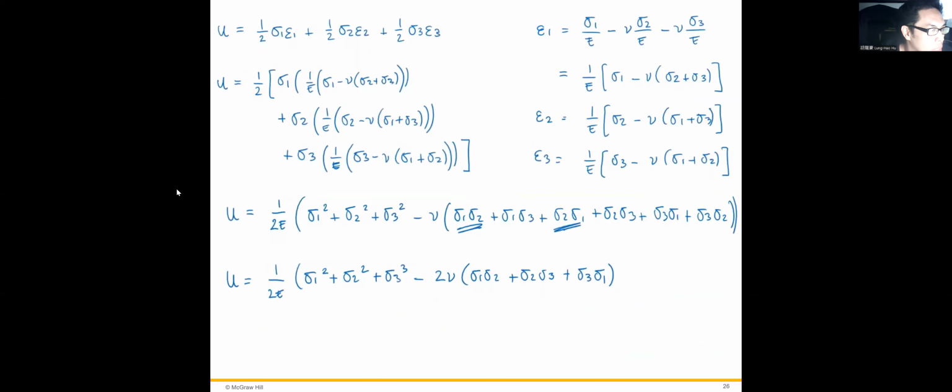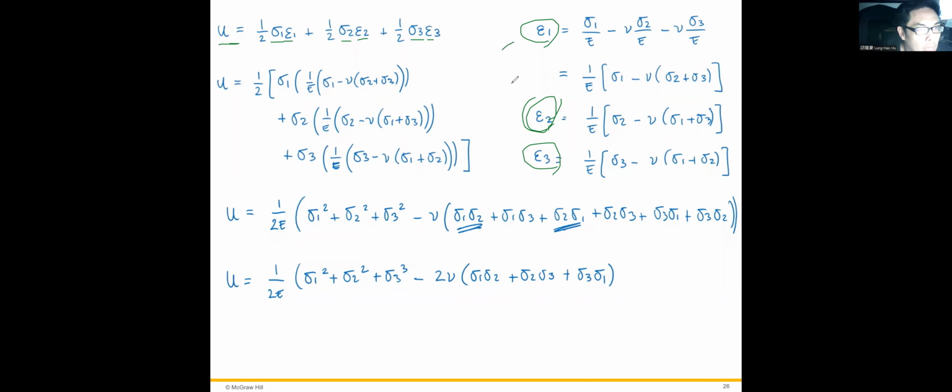So let's look at this strain energy per unit volume. We have the principal stresses corresponding to the strain. As I mentioned, if this material is homogeneous and isotropic, we can define the strain as a function of the material properties, Young's modulus and Poisson's ratio, and the principal stresses.